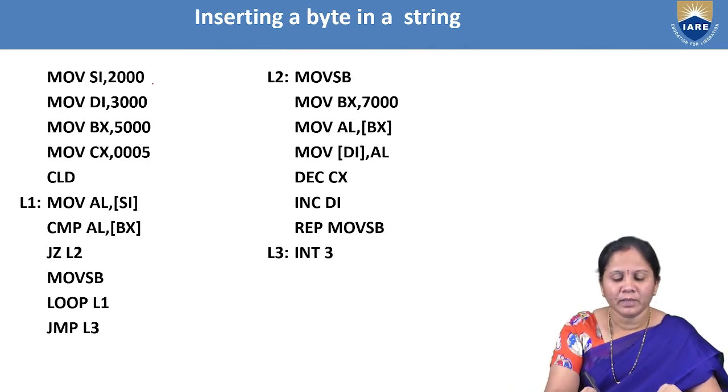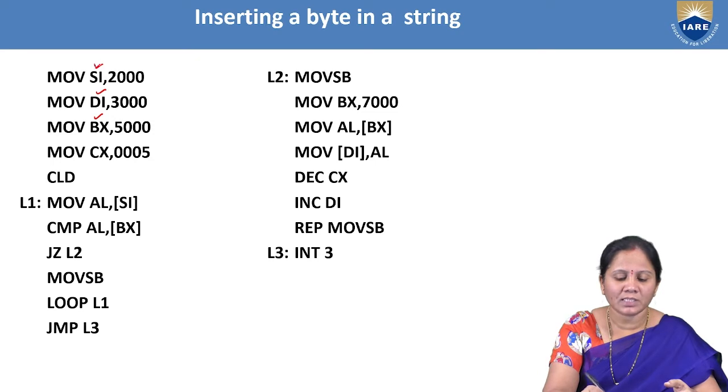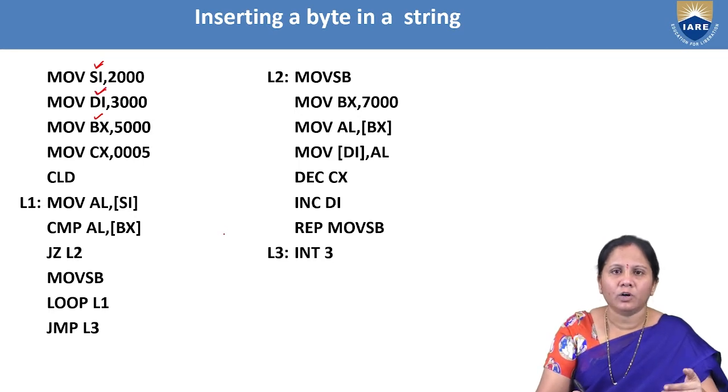So here what we have taken is SI, DI and BX registers. These are the three registers we can use during string operations. Here we have taken this SI register in order to store the input string, and this DI register in order to store the output string.